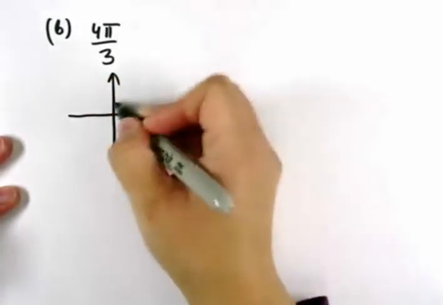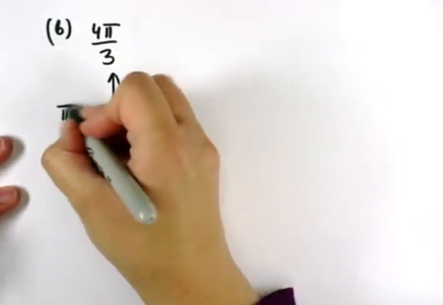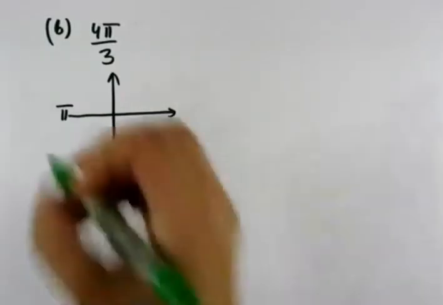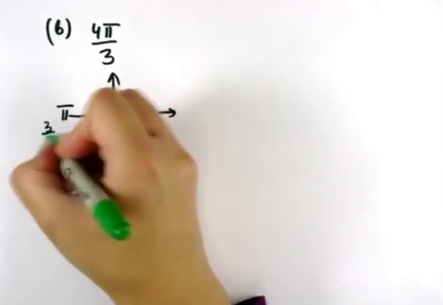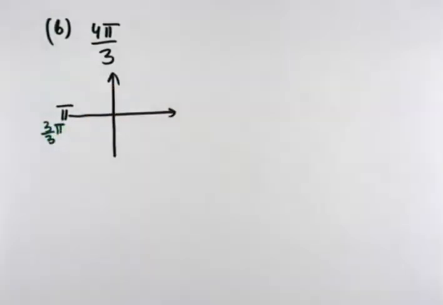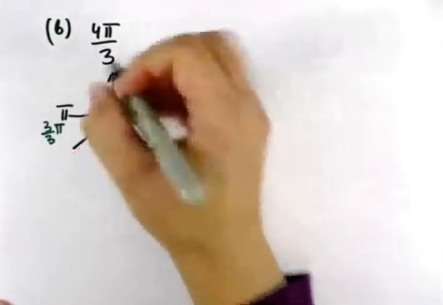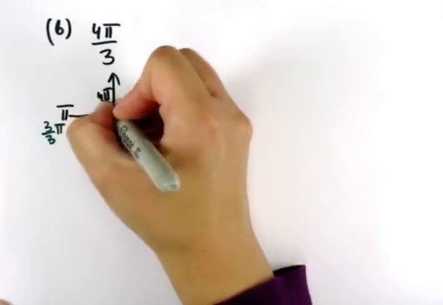If I keep opening, this one is my 180 or pi, and we need to keep thinking in terms of 3. So pi is 3 over 3, and we have 4/3, so we have 1/3 more. So this one is 4 pi over 3.